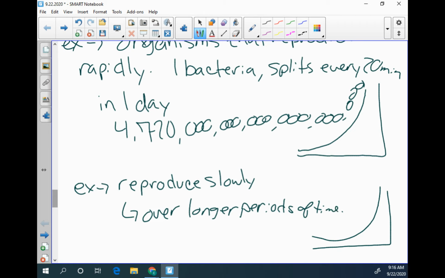So an elephant, right? Elephants reproduce every 2 or 3 years, if that. I think the gestation period for an elephant is almost 2 years.